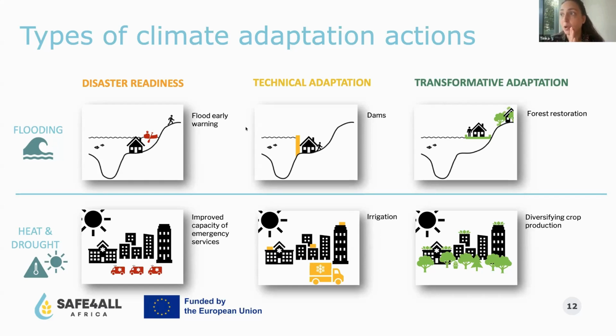For example, to minimize flooding, we can do forest restoration, or to minimize the effects of heat and drought on our crops, we can diversify our crop production and have different crops that can grow under different circumstances. So that's a very general overview of these 3 categories, and I hope it already helps you think about what kind of actions we can take for climate adaptation. But we will dive into those categories more very soon.